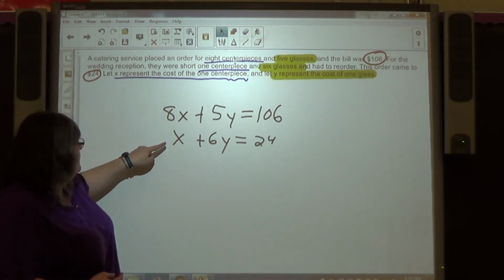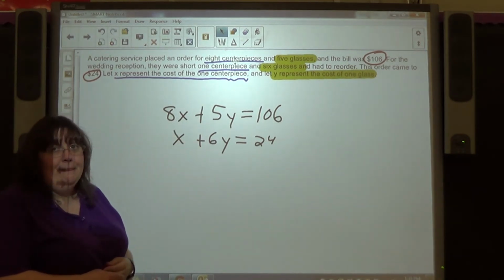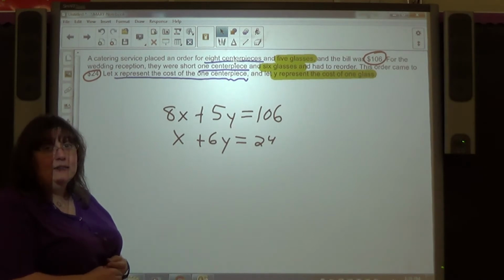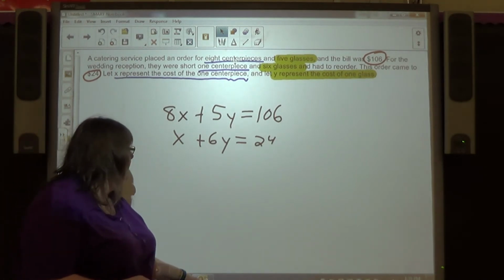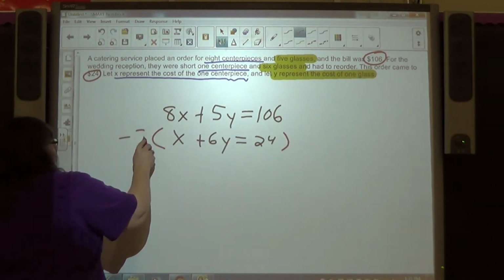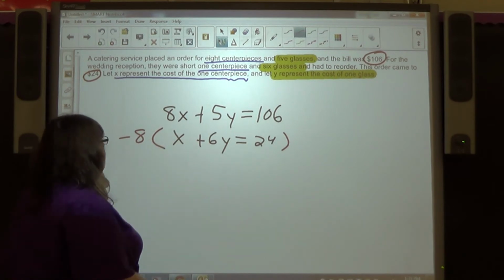I have 8x and x. I have 5y and 6y. The easier one would be to eliminate the x's. Okay? I can multiply this bottom equation by -8. That'll give me a -8x, so when I add, they eliminate. Okay?